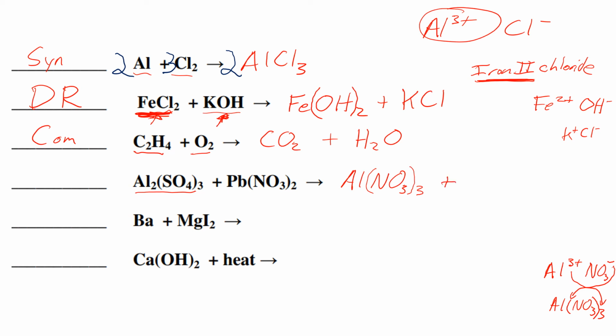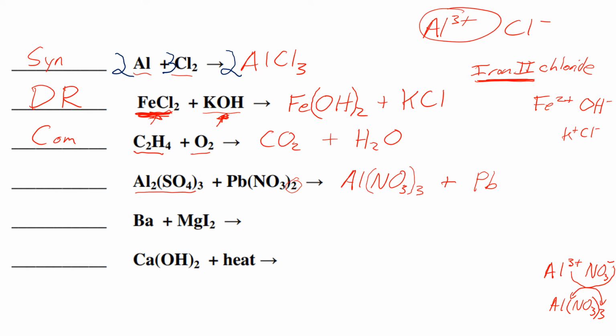Plus, this is Pb lead 2 nitrate, and so that 2 is the 2 ion for lead. SO4, if I look on the back of my periodic table, has a charge of 2 negative.